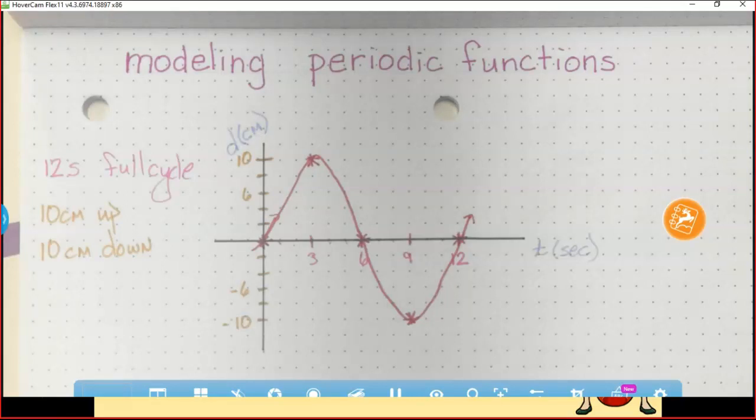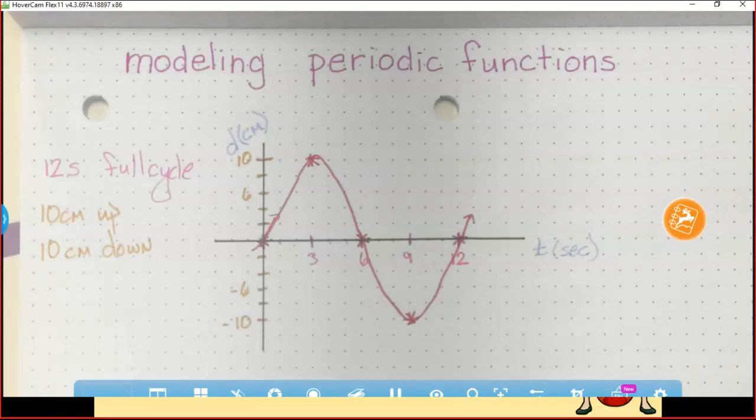So when I look at this graph, now that I have it drawn, what type of graph does this look like automatically? Does it look like a sine graph or a cosine graph? It looks like a sine graph.